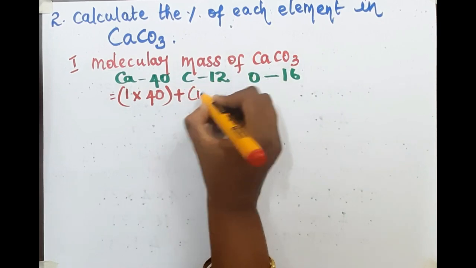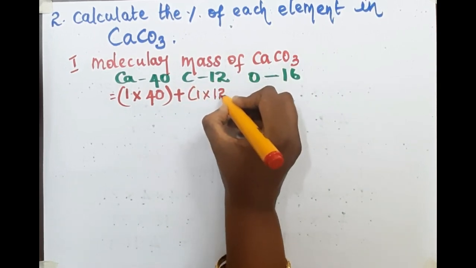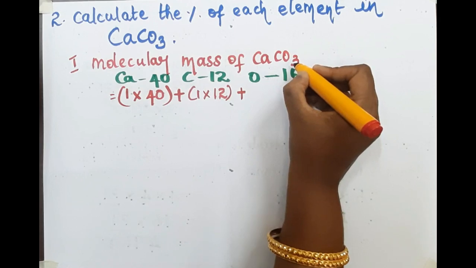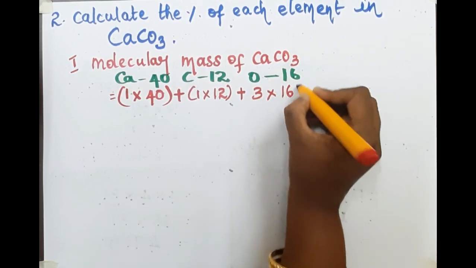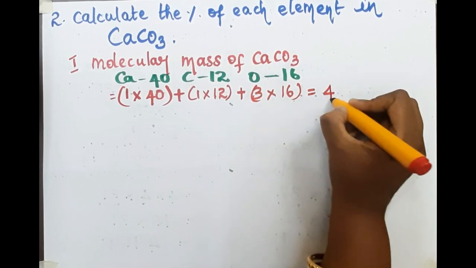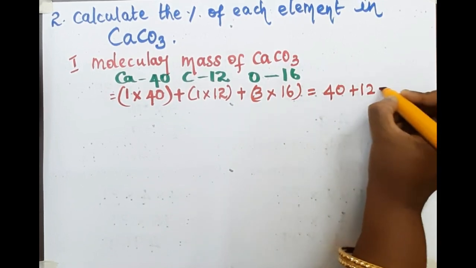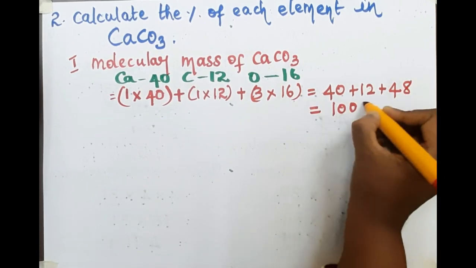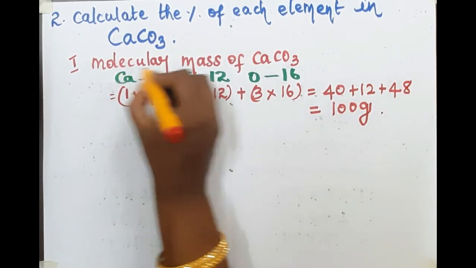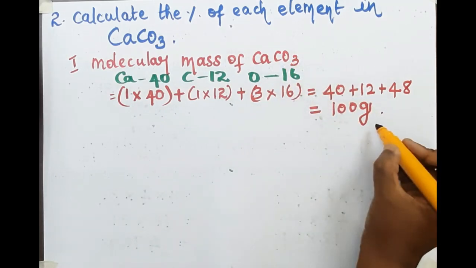Only 1. And what is the atomic mass of carbon? It is 12 plus how many atoms of oxygen are there? That is 3. 3 into 16. So 40 plus 12 plus 48. That is ultimately 100 gram. So the molecular mass of calcium carbonate is 100 gram.